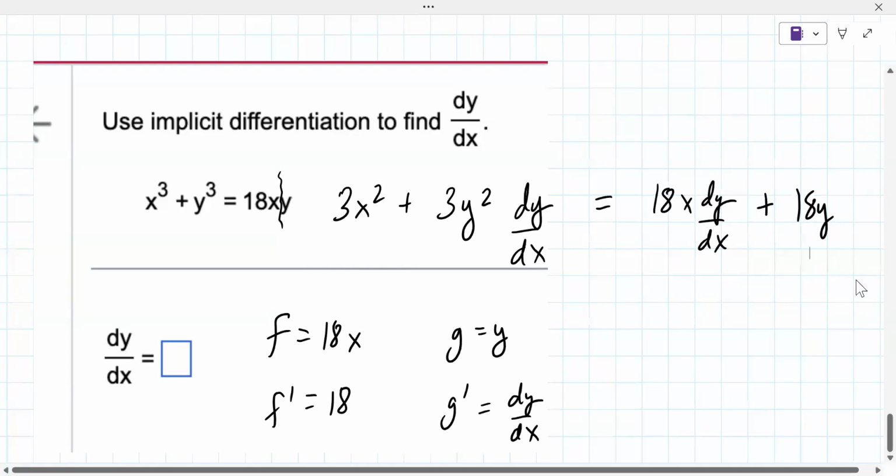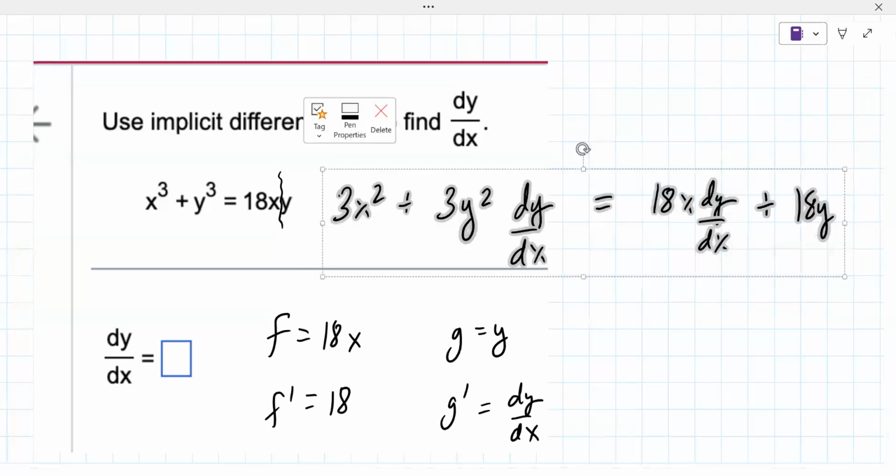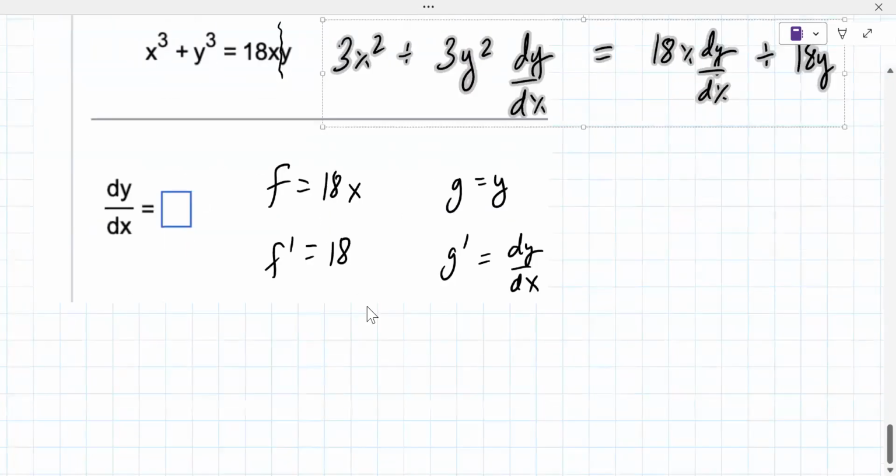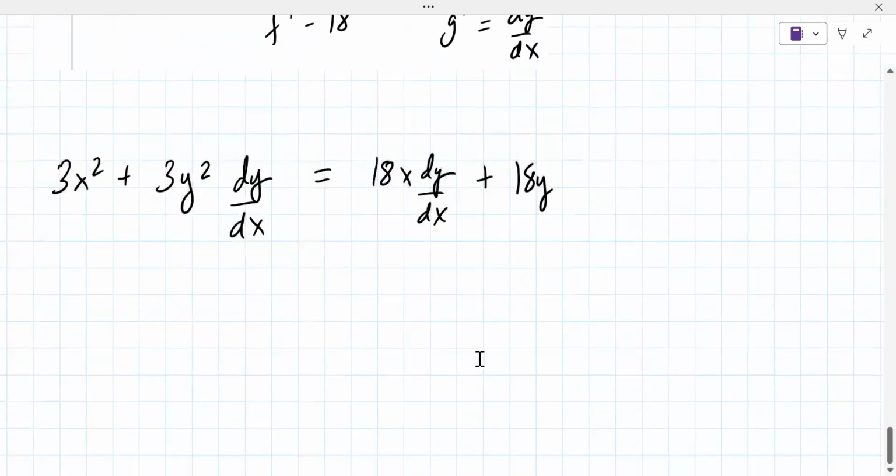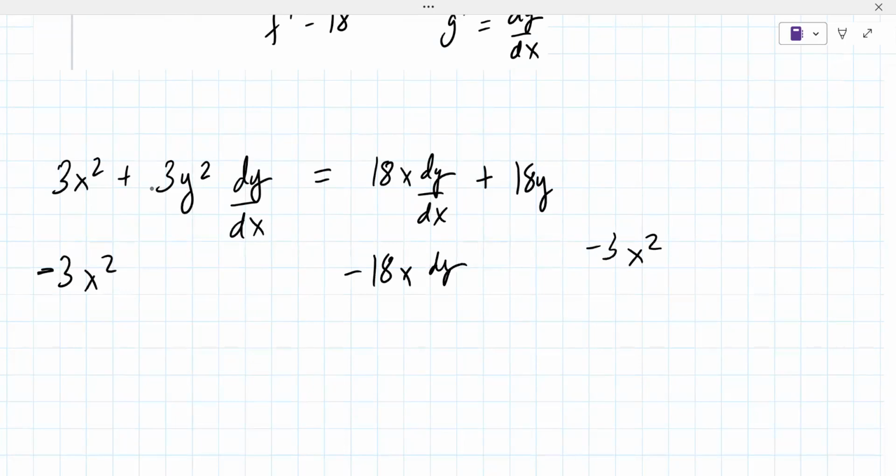All right, so now there's a lot here. So once you've taken the derivative, it's really just an algebra exercise. You're solving for dy dx, which means you have to get dy dx on the same side and everything else not on the same side. So you're gonna subtract the 3x squared from both sides, and then you're gonna subtract this 18x dy dx.